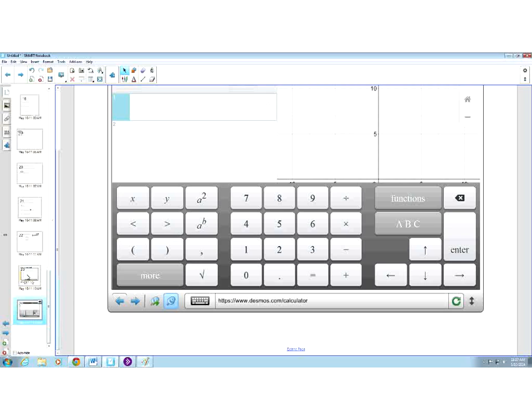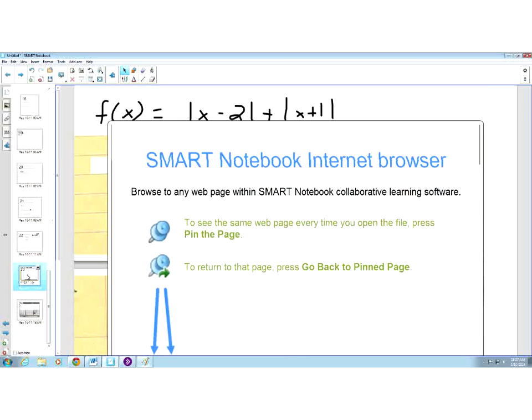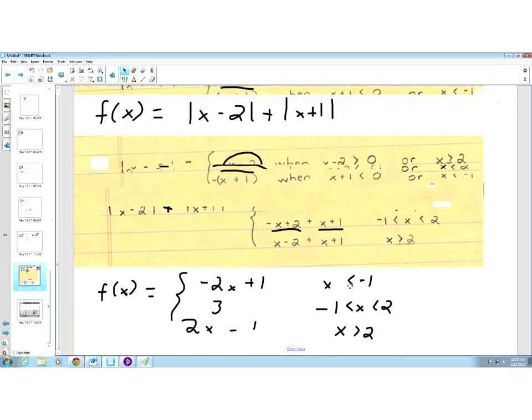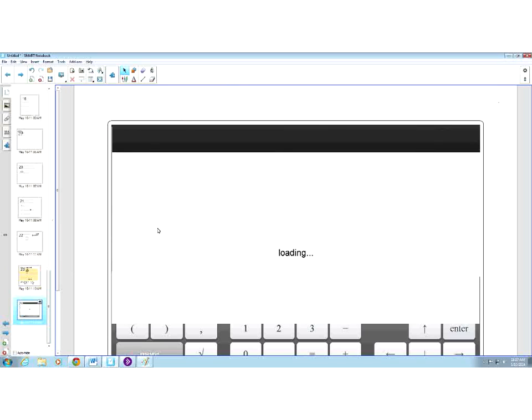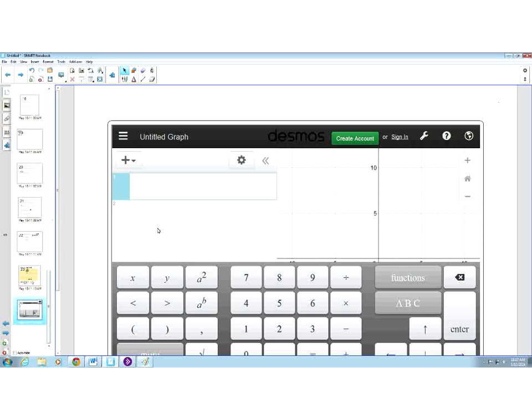And so what was our function? We had a piecewise defined function, right? So for x less than -1, it was negative 2x plus 1. So y is equal to negative 2x plus 1 for x less than or equal to -1.